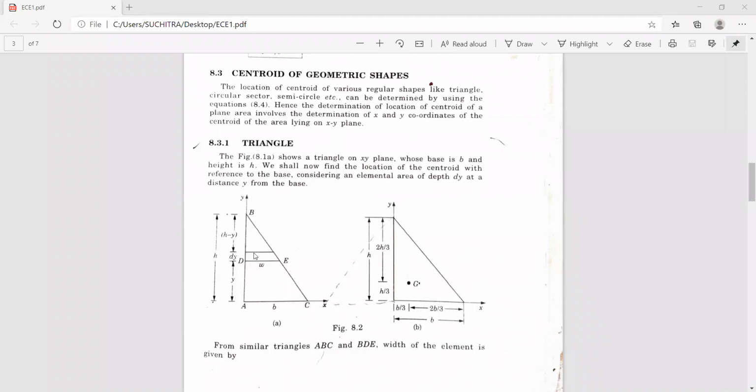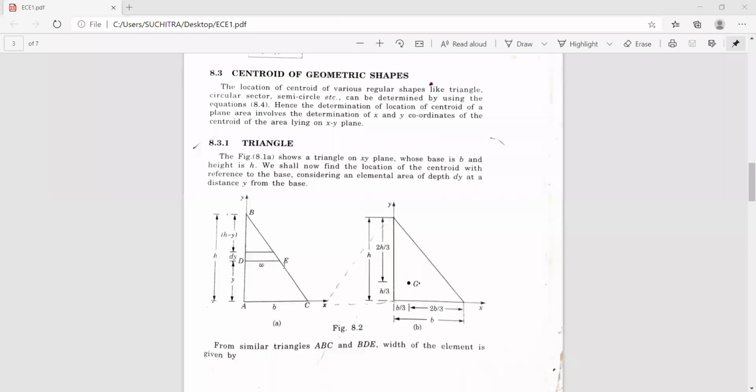It is at a distance y from the base, and at a distance H minus y from the apex.